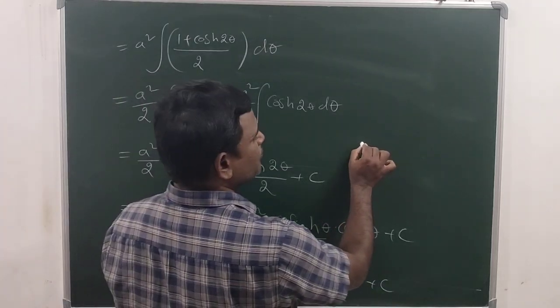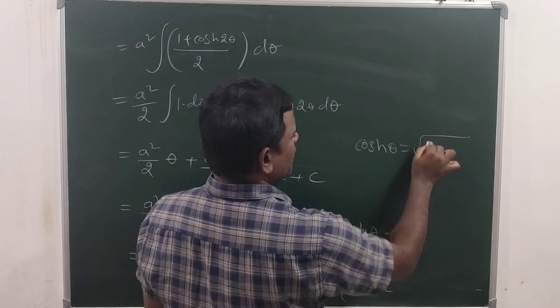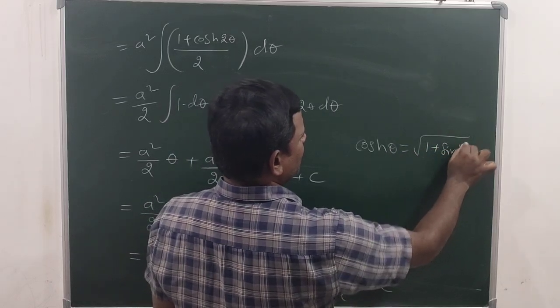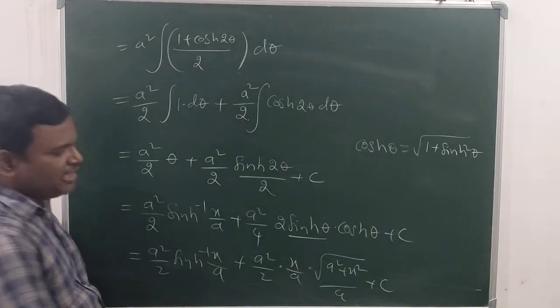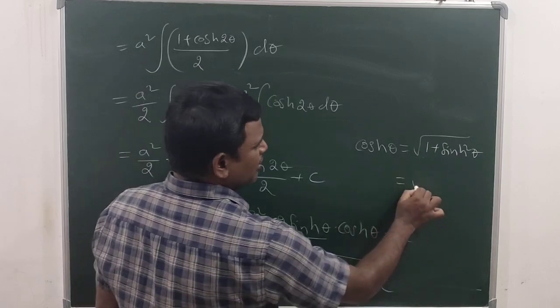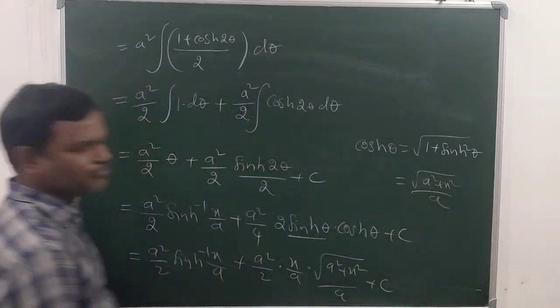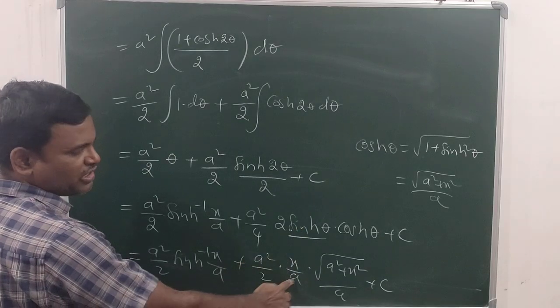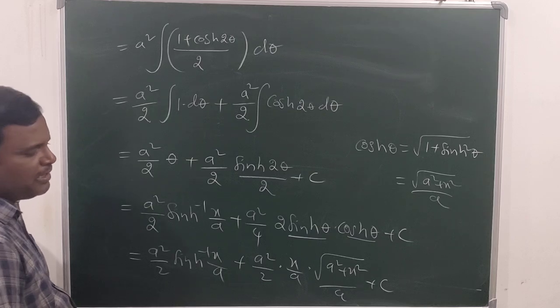Because as you know, cosh theta can be written as root of 1 plus sinh square theta. Am I right, students? So here sinh theta value is x by a. If you write x by a and simplify, you will get root of a square plus x square by a. So in place of this I wrote x by a, and in place of this I wrote root a square plus x square by a.